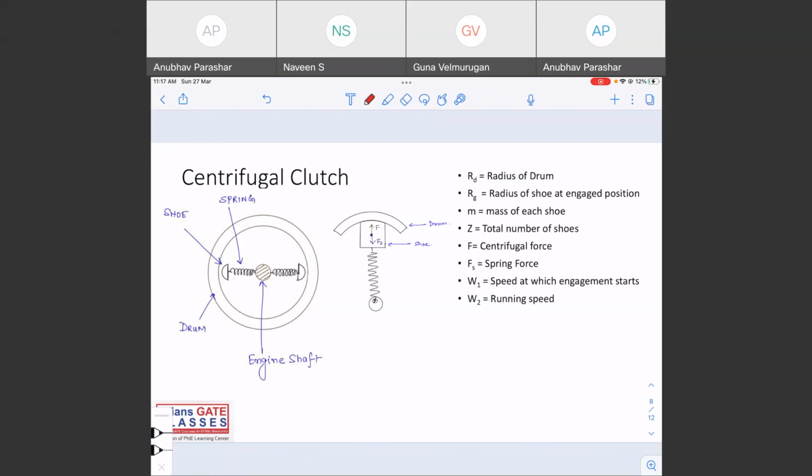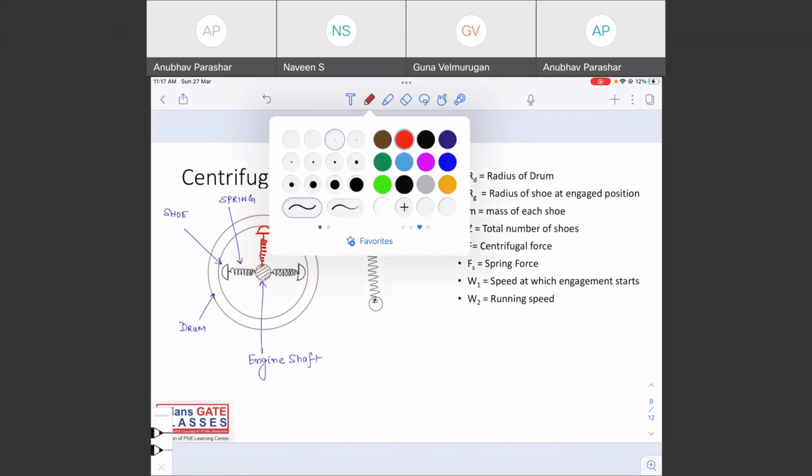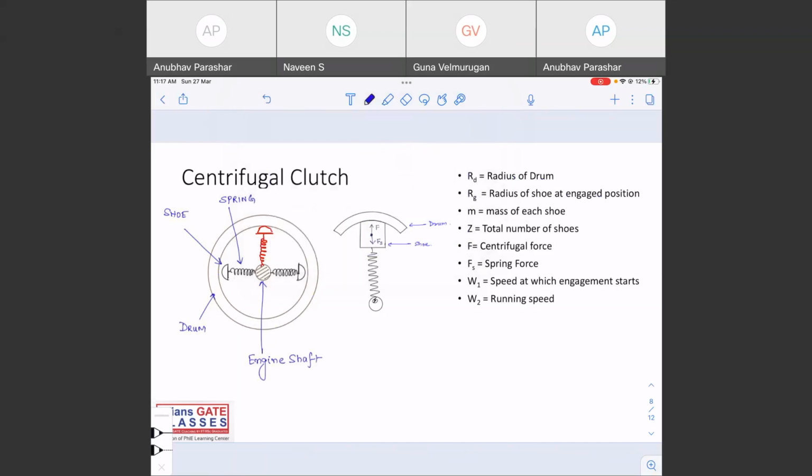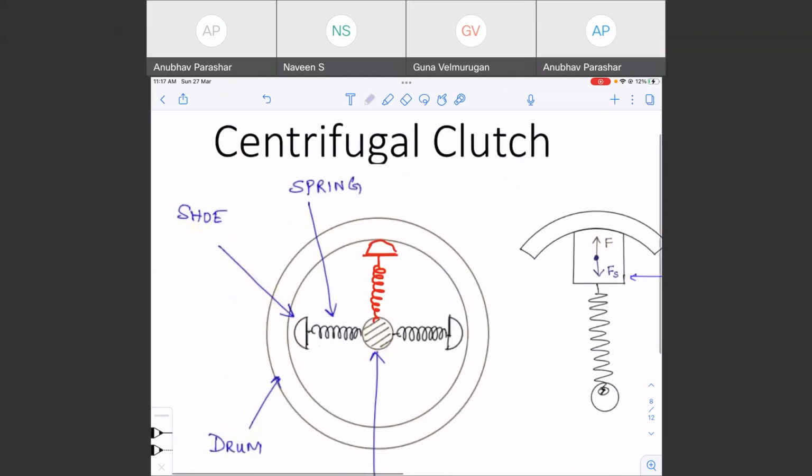Suppose this is the shoe at the engaged position; the shoe will have some center. So this is basically RG, the radius of the shoe at the engaged position.